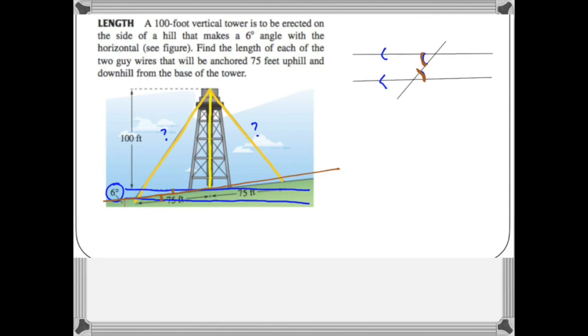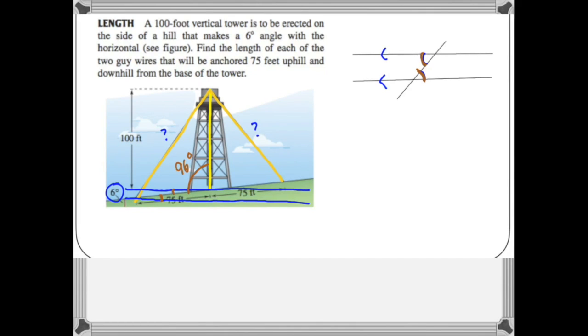And so therefore, I know that that little angle is 6 degrees. If this is going to be a 90-degree angle, because you wanted it to go straight up and down, so the structure is not leaning, then you would have 90 degrees plus 6 degrees, which gives us 96 degrees for that angle right there.